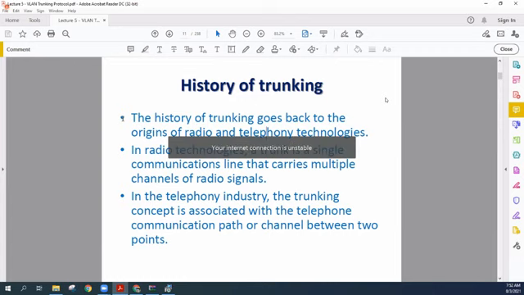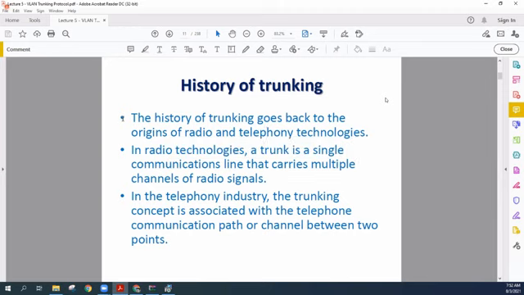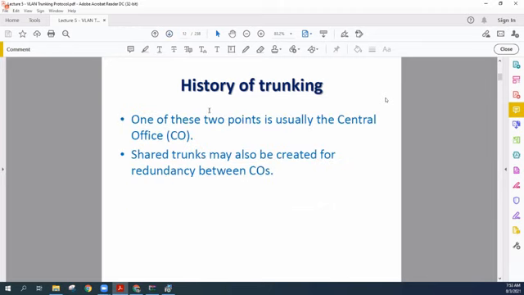In the early days, and on top of that, they are moving forward with the requirements of data. With the improvement of the network, almost all the initiatives are shared, right? Shared communication. So trunking is there.